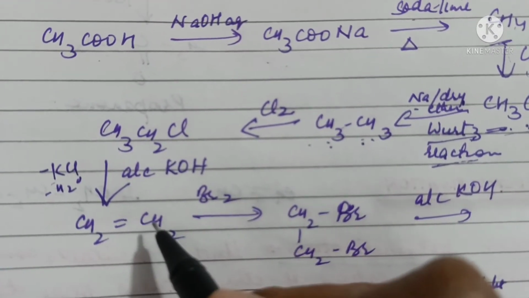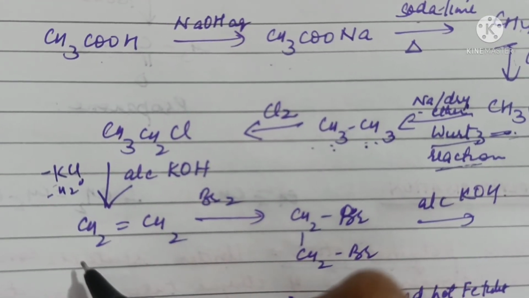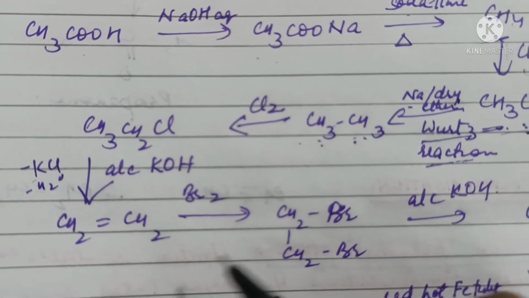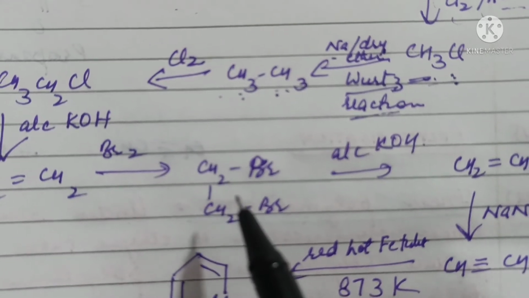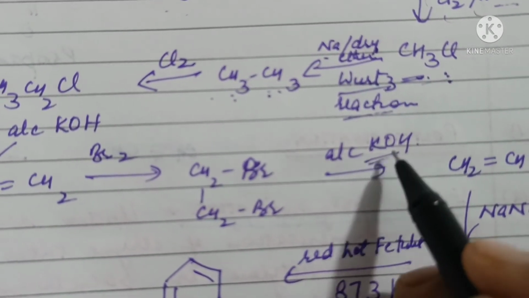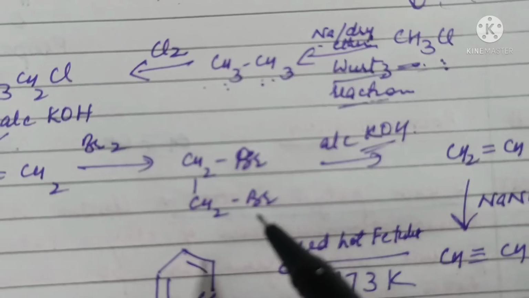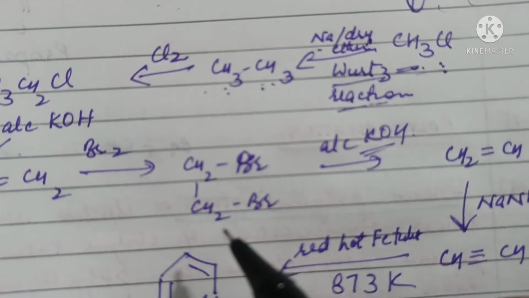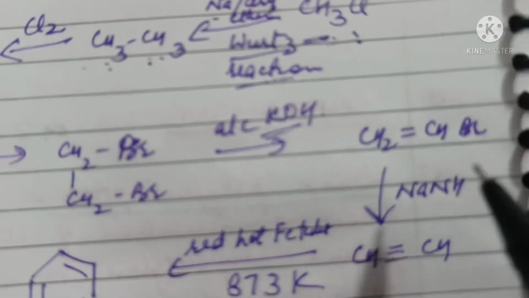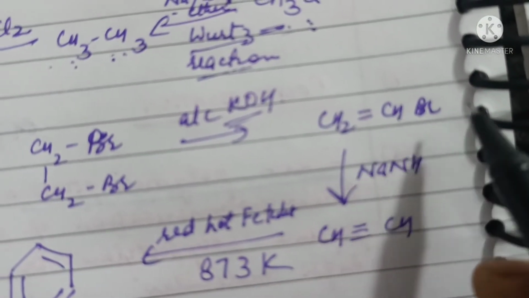When we add bromine to it, the bond will break and Br will be added here and here. So when this dibromoethane is formed, we react it with alcoholic KOH to again carry out its elimination. This time 1 H and 1 Br will be removed to form a double bond and an alkenyl bromide.